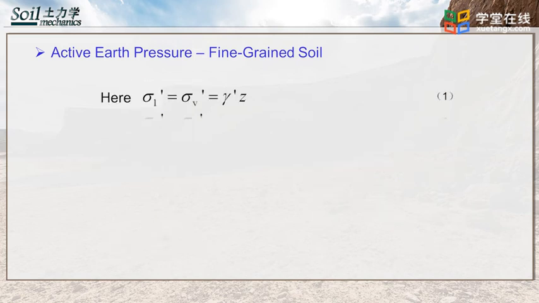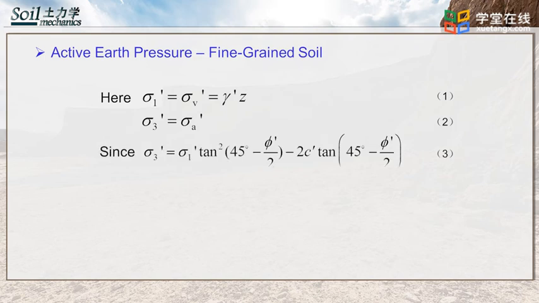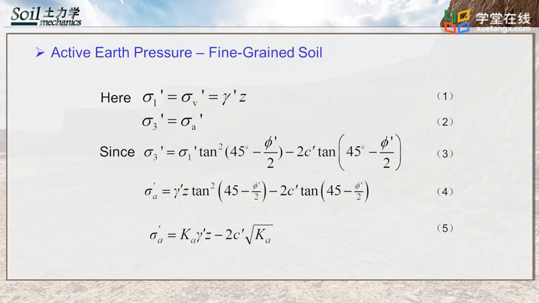According to the geometry of the Mohr circle, we can get the relation between sigma 3 and sigma 1 as shown in equation 3. Substituting the first two equations, we can get equation 4, which can be used to calculate the active earth pressure sigma a. Substituting Ka as Rankine's active pressure coefficient, the equation can be simplified to equation 5.